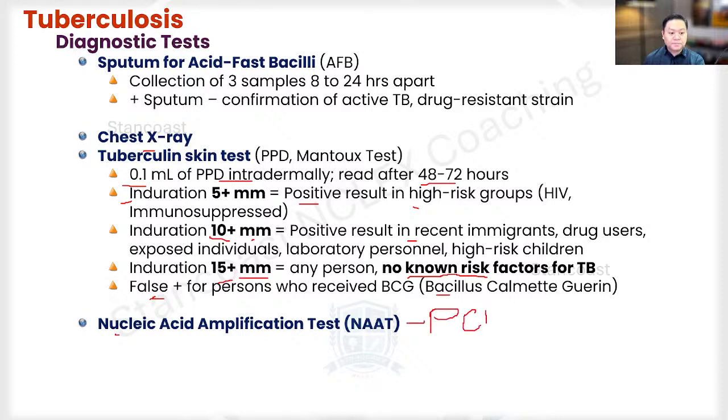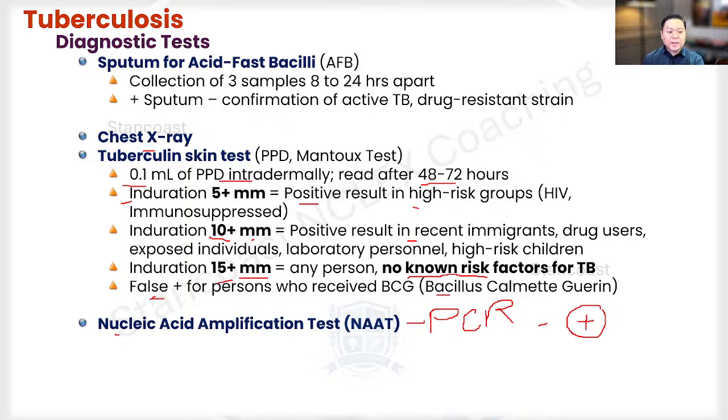So when they see positivity using the nucleic acid amplification test, of course, it indicates that the person has positive TB infection, and this will really require the medical provider to prompt treatment initiation.